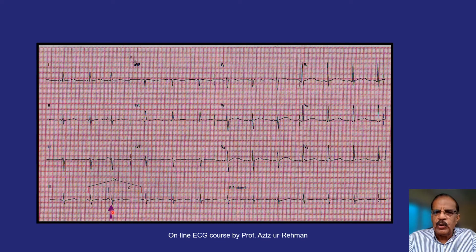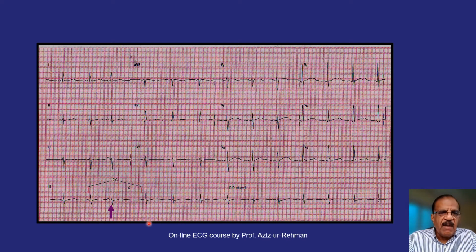And they are both narrow. Both appear to be supraventricular. But what are the differences? This beat has come earlier than its expected time. And number two, if you compare the preceding P wave with this P wave, it is different, implying that the origin of this supraventricular beat may be different from the SA node.